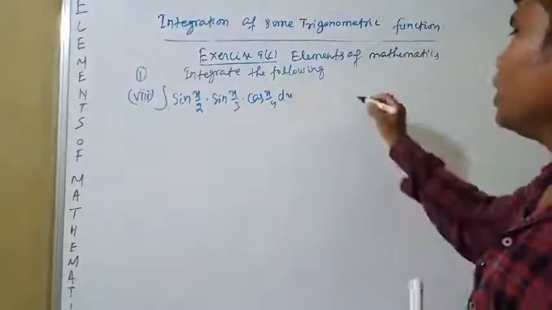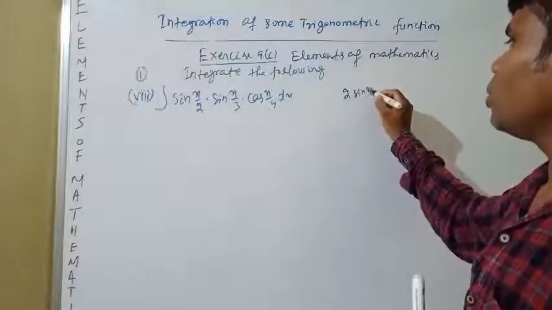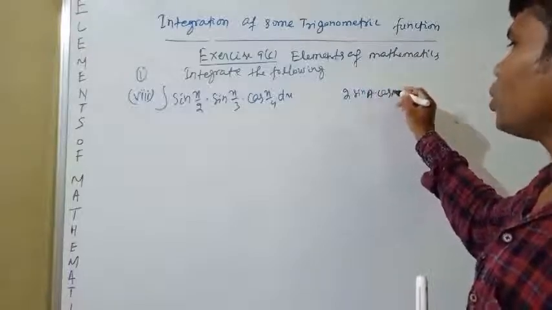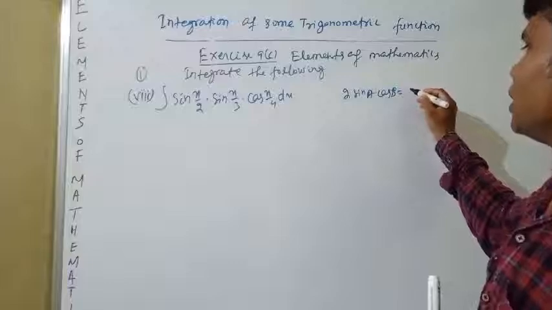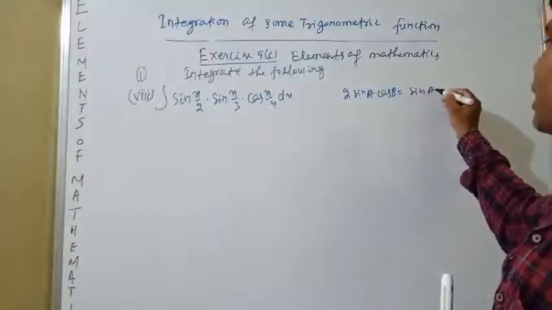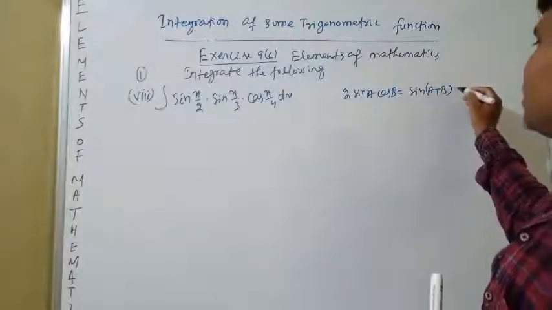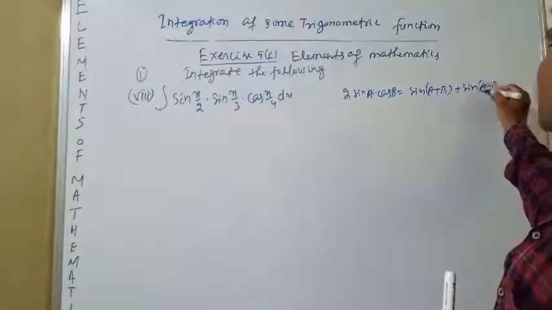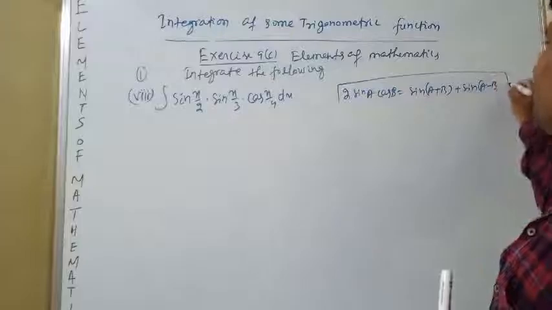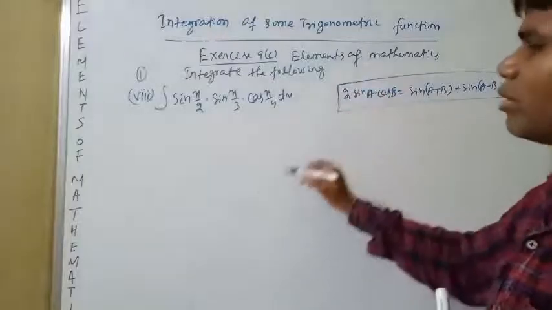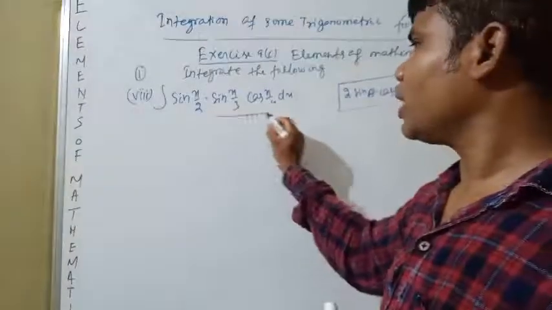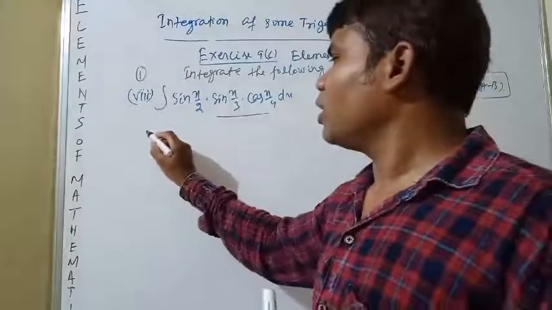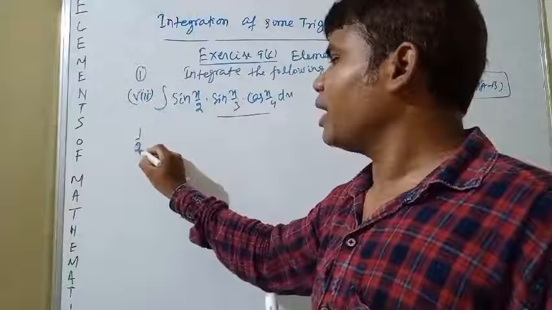You know the formula, 2 sin a into cos b is equal to sin(a plus b) plus sin(a minus b). You have to use this formula here. These two you take together, multiplying by 2 and dividing by 2.